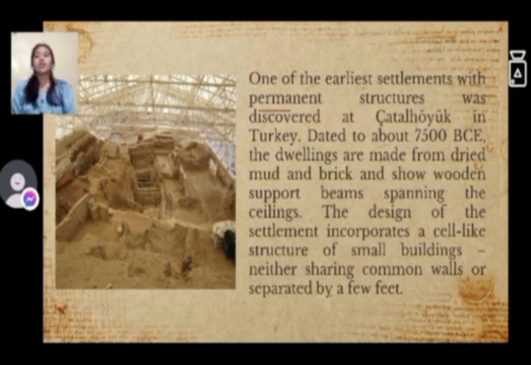The rich soil that surrounds the settlement indicates the inhabitants relied in part on farming. Dated to about 7,500 BCE, the dwellings are constructed from dried mud and brick and show wooden support beams spanning the ceiling.